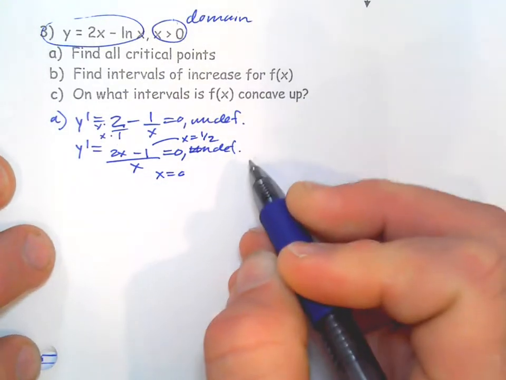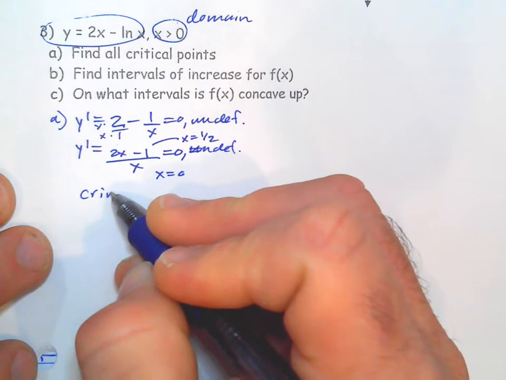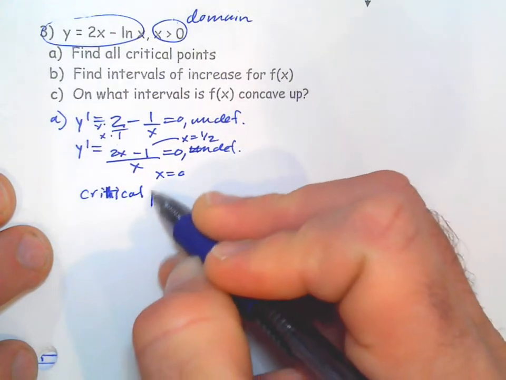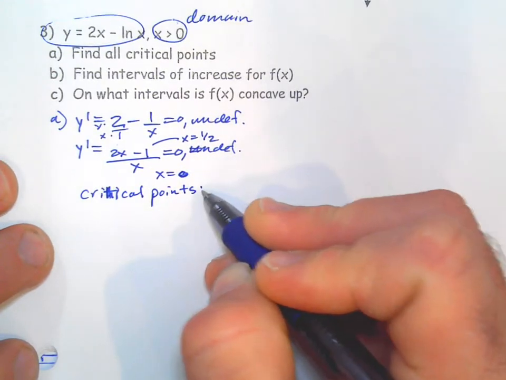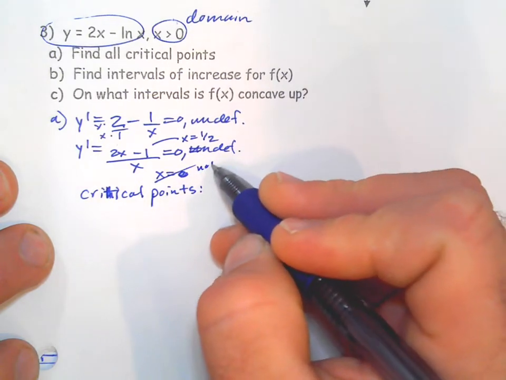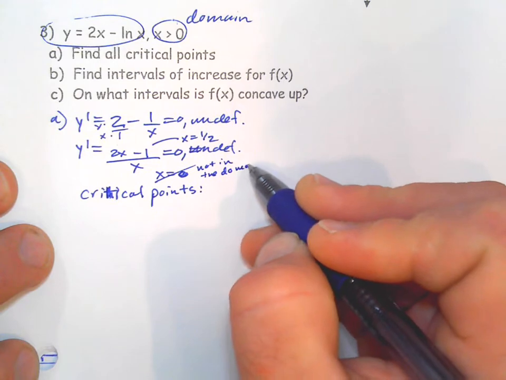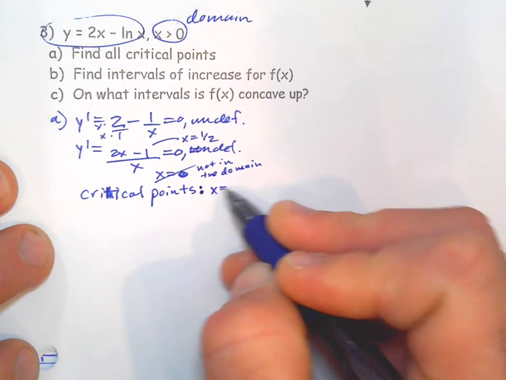So those are your critical points. Now, we're not going to actually include 0 because it's not in the domain. I'm going to include it in my work on my next step, but as far as an official answer, the critical point is only at 1/2.